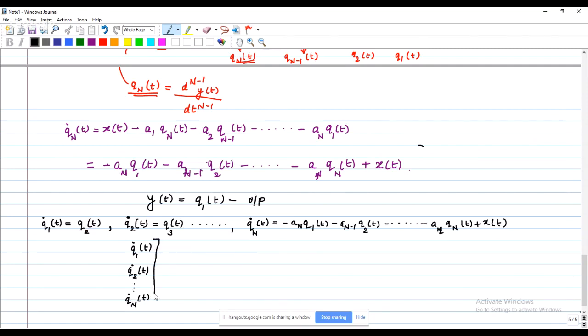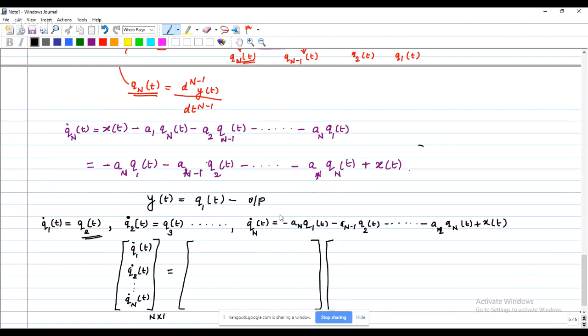This is my equations on the LHS, which is an n cross 1 matrix, which is equal to what? Now here see, q1 dot t has only one variable to it, that is q2 t. So I have to write some matrix over here, which I don't know what it is.